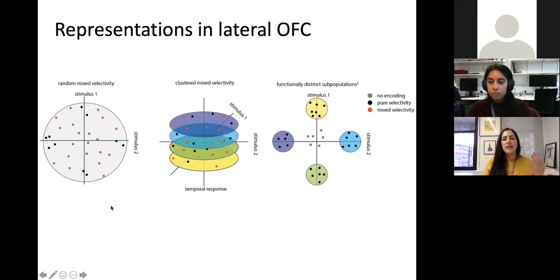So it might be that you have neurons that are active at different parts of the trial because they're contributing to behavior in a particular way or communicating with the downstream circuit in a way that requires some temporal precision. Our hypothesis is that these neurons that have different temporal response profiles are talking to different downstream targets. We're now doing optogenetic recordings of different projection-specific populations in OFC to test this more concretely.